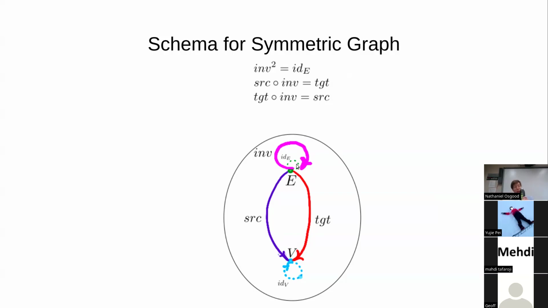It's a morphism from E to E. And it's not merely that, though. It has certain relations that are assured. So the involution, notice whence it comes and whither it goes. It comes from E to E.